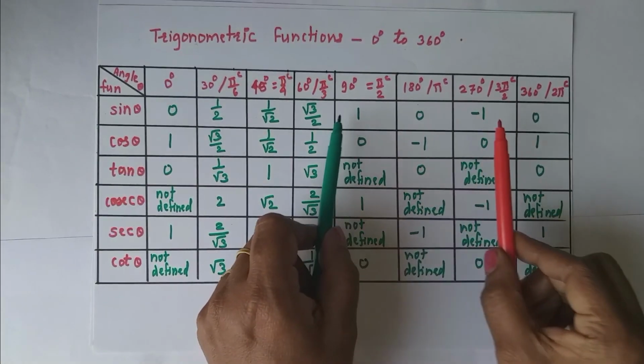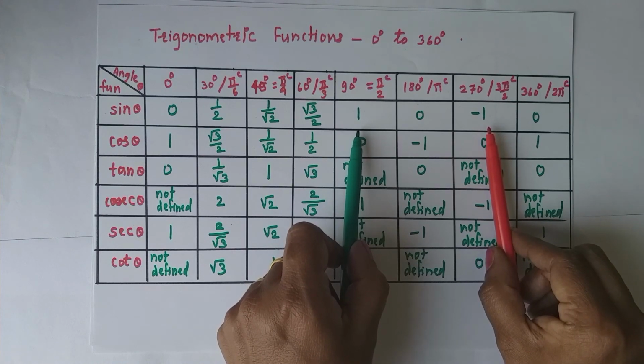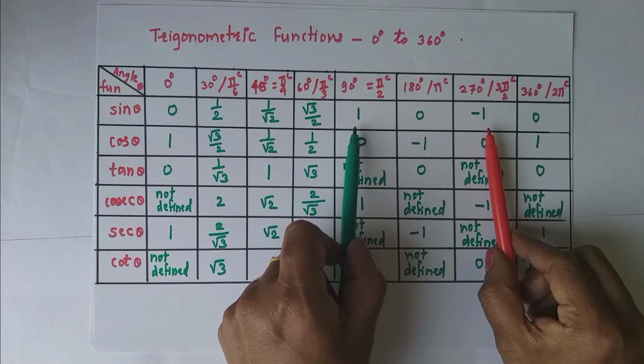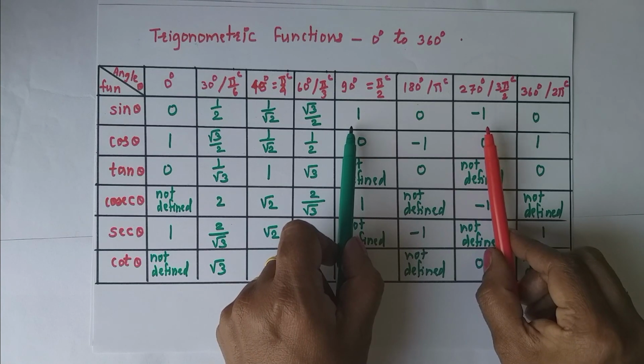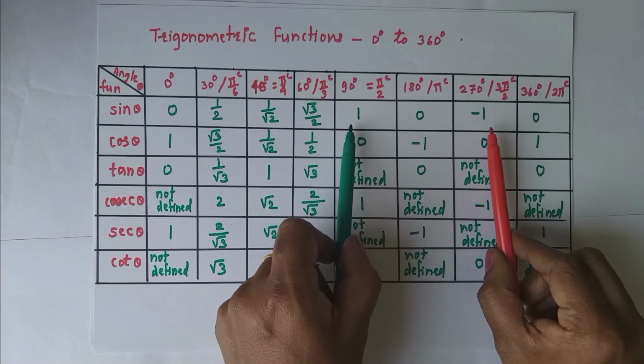Then again value of 90 and 270 are same, only changes are in sign, because 90 degree is on positive direction of y-axis and 270 degree on negative direction of y-axis. Therefore, they have same values, only changes in sign. Because if point lies on positive y-axis, coordinates of point P are 0, 1.